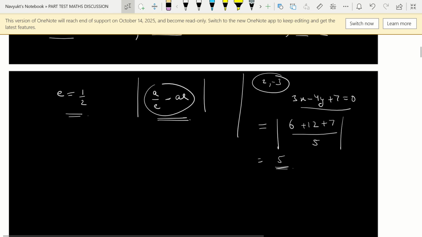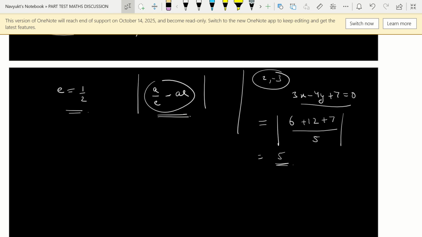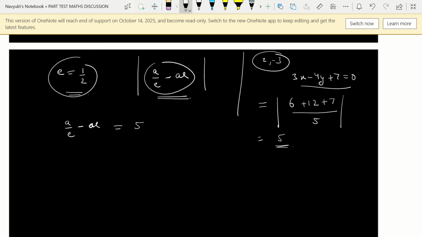So at the end of the day, a by e minus ae, the distance between focus and directrix, which we have just found is 5 itself, correct? e we also found is half, right here you can see. So we'll put that e here, which gives us 2a minus a by 2 equals to 5.